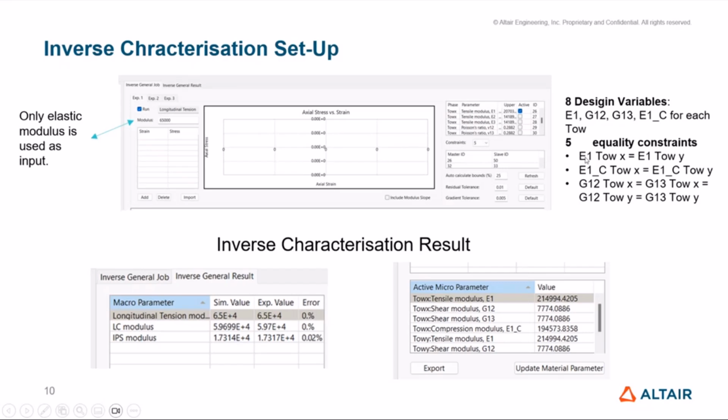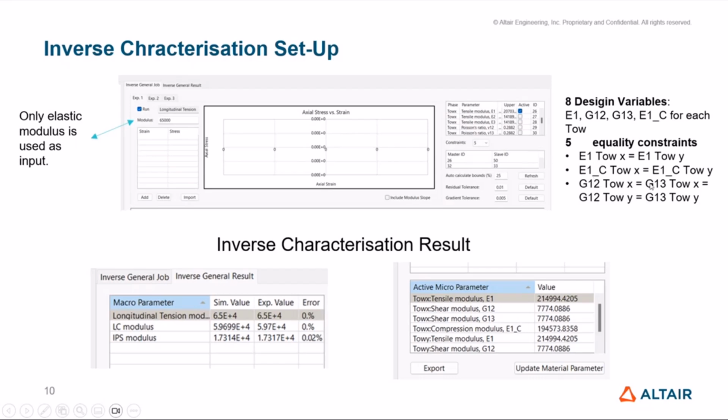Both tows are the same, so I need to put these 5 constraints, which are linked by the ID of a variable. So E1 of tow X always needs to be the same as E1 of tow Y, the same for the E1 in compression. And the second constraint I defined was that the shear modulus in 1–2 direction and 1–3 direction needs to be the same, and the same value for both tows.